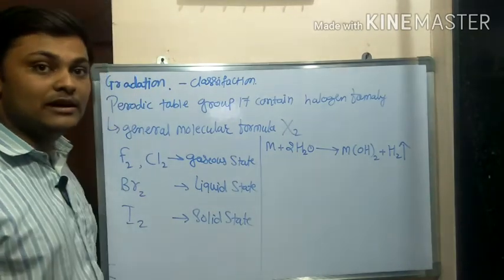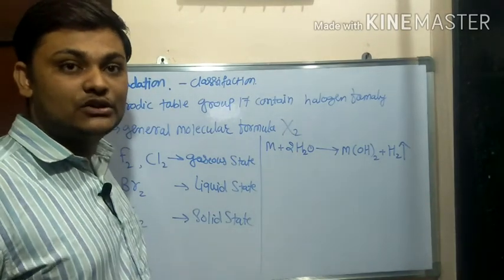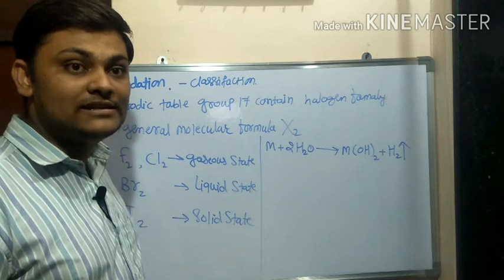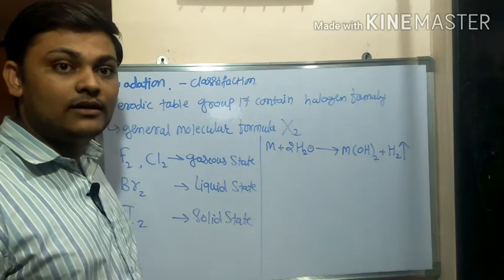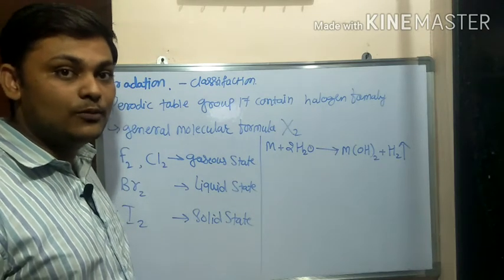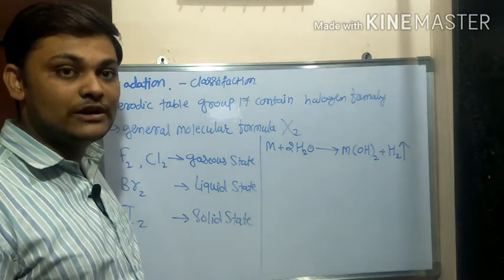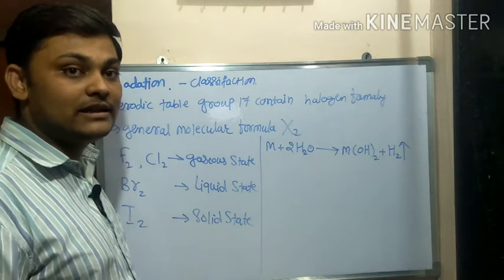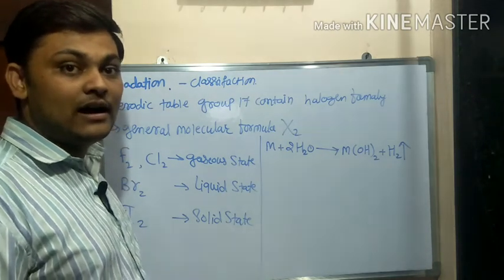In the general chemical equation, the reaction of alkaline earth metals is given while going down the second group: beryllium, magnesium, calcium, strontium. The gradation is in the chemical property of alkaline earth metals.